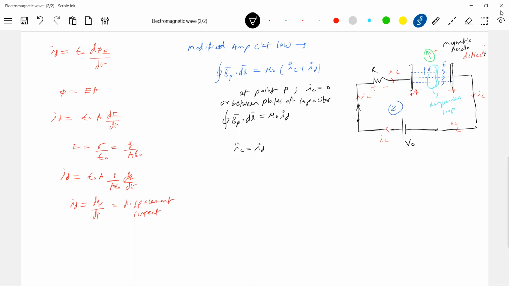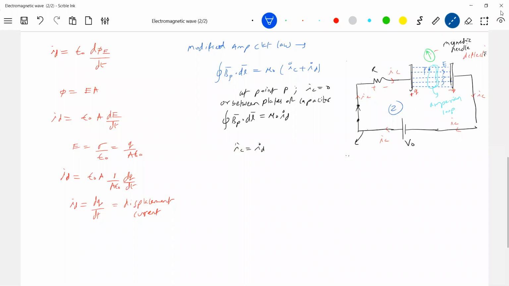So what is the conclusion? Here it is a conduction current, no displacement current. Here, the displacement current exists where the electric field varies, between the plates of the capacitor.